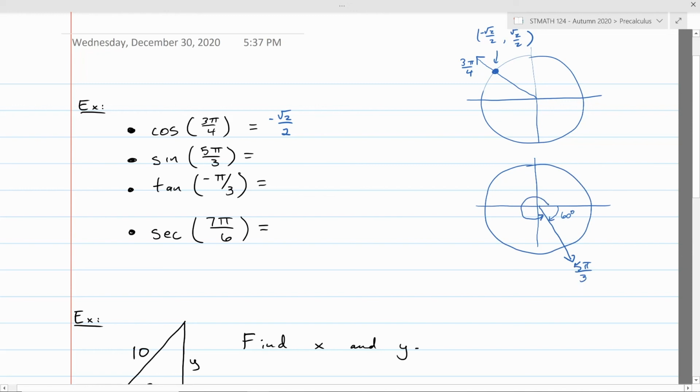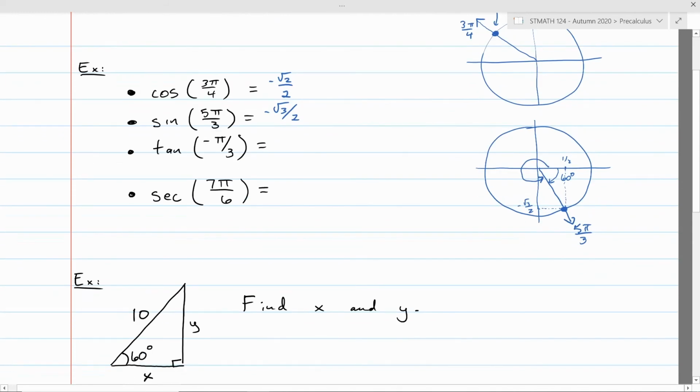And I can kind of visualize, like at that point, the x-coordinate's about a half, and the y-coordinate is sort of close to negative 1. So that's your negative square root of 3 over 2 when it's close to negative 1. So I can tell that this is negative square root of 3 over 2. And so on and so forth. You should try to see if you can figure out what tangent of negative pi over 3 is, or secant of 7 pi over 6.